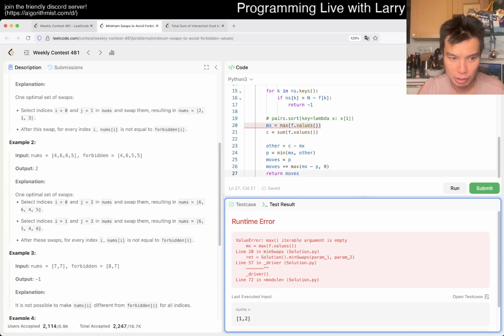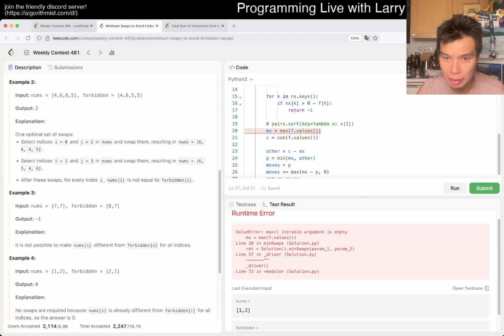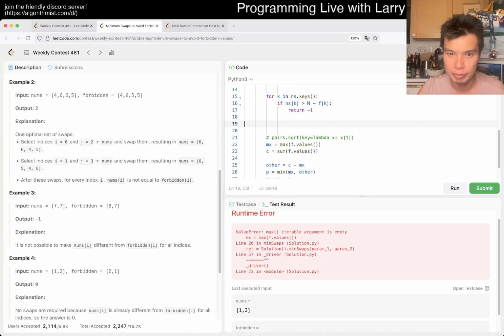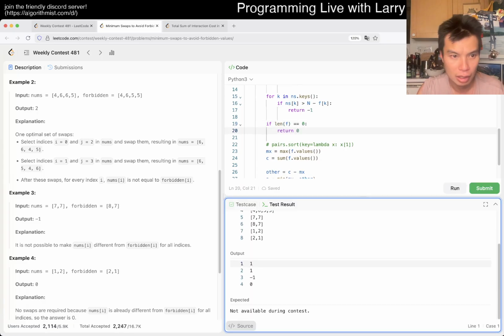Maybe we set 1 to -1. Do not expect typos. Oh right, that I kind of knew. Okay, so if they're all non-forbidden, then we just return 0, right? If f is equal to 0, then we just return 0 because everything's already good. Why would you change anything?